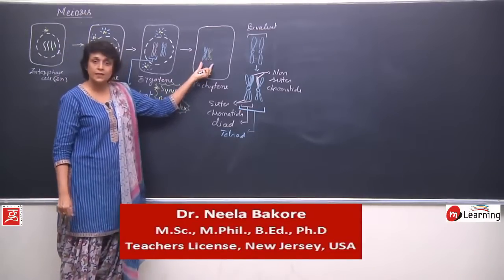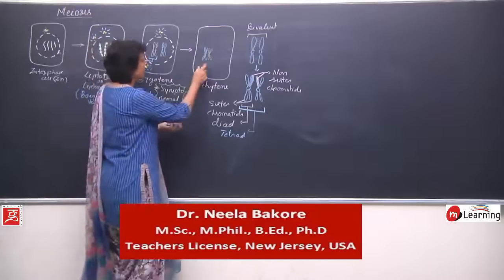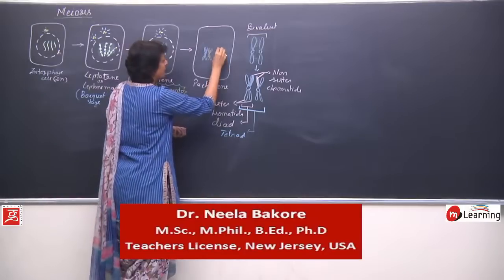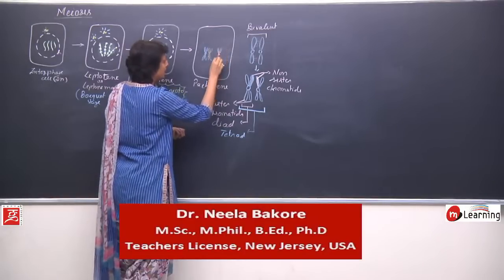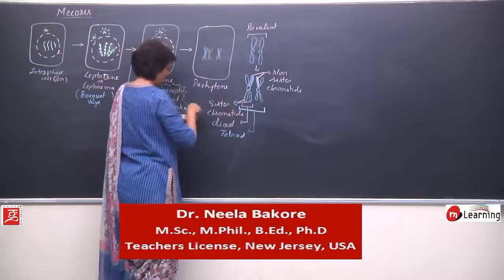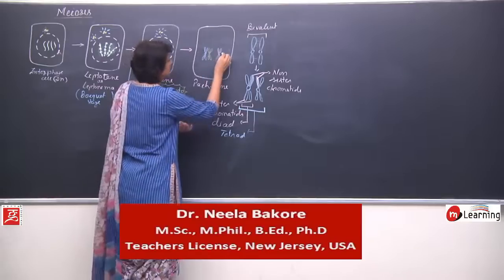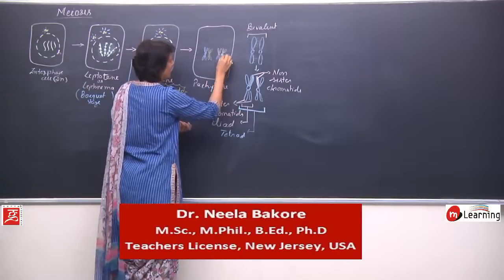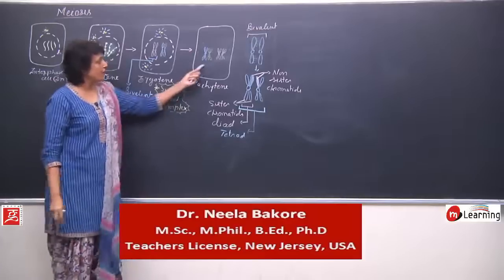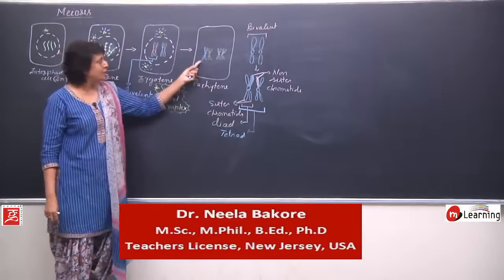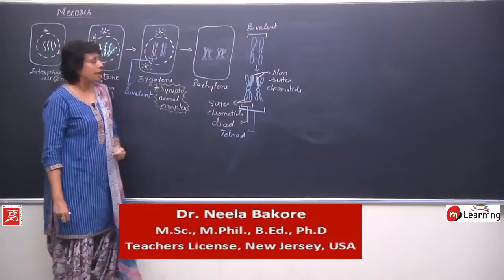So together this is a tetrad. Similarly, we have one more pair. So now here, because we started with 4 chromosomes, we are seeing these 2 tetrads.